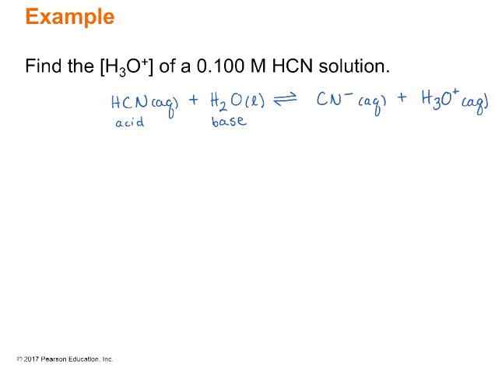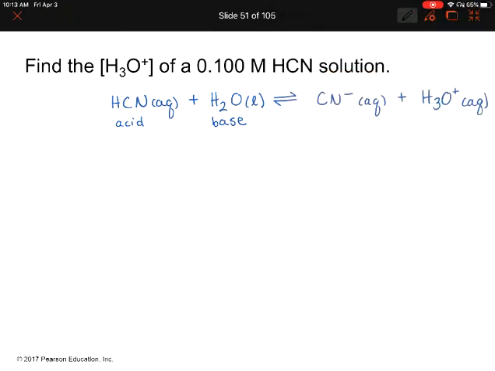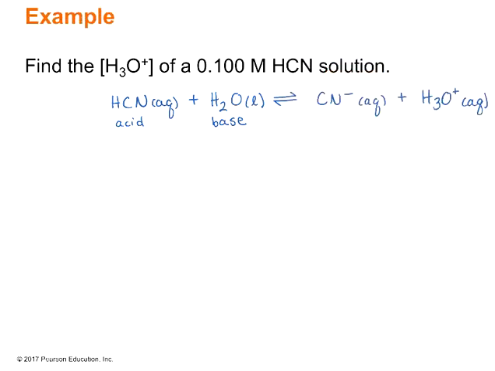Okay, now the next step is to write out the ICE table using the balanced chemical equation. So I'll do that in a different color. Remember that when we're writing ICE tables, we're not going to include any pure liquids or pure solids because their concentrations don't change. So we're only going to include HCN.